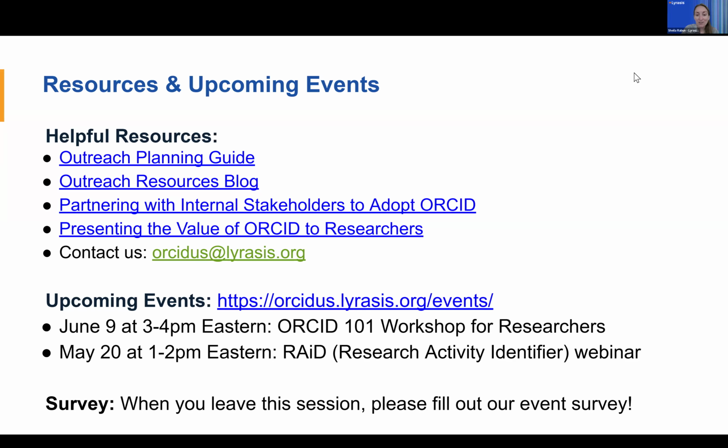Another question, what parts of the university organizations are managing affiliation information? I don't know if any of our panelists want to speak to that. I can also speak generally. I would say that at FIU, the Office of the Provost plays a key role in managing the faculty's affiliations.